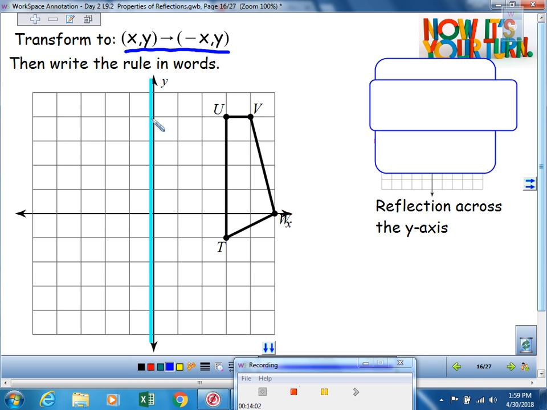So 1, 2, 3, 1, 2, 3, U prime, V prime, 1, 2, 3, 1, 2, 3, T prime, and this is 5, and 5.